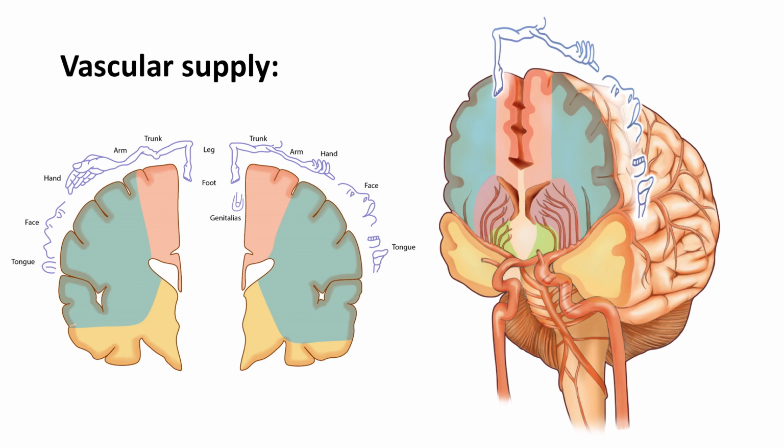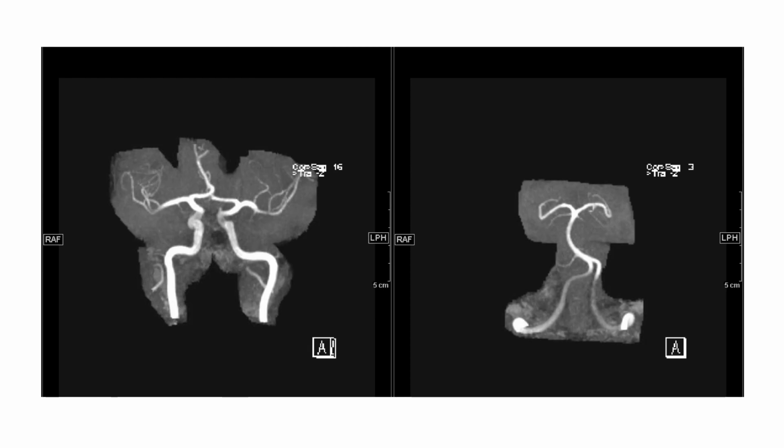In the brainstem, the blood supply of the motor pathways is supplied by the posterior circulation via paramedian branches of the basilar artery and the vertebral arteries. This time of flight MRA of the head shows over here the anterior circulation with both carotid arteries, which then bifurcate into MCAs, middle cerebral arteries, and ACAs, anterior cerebral arteries.